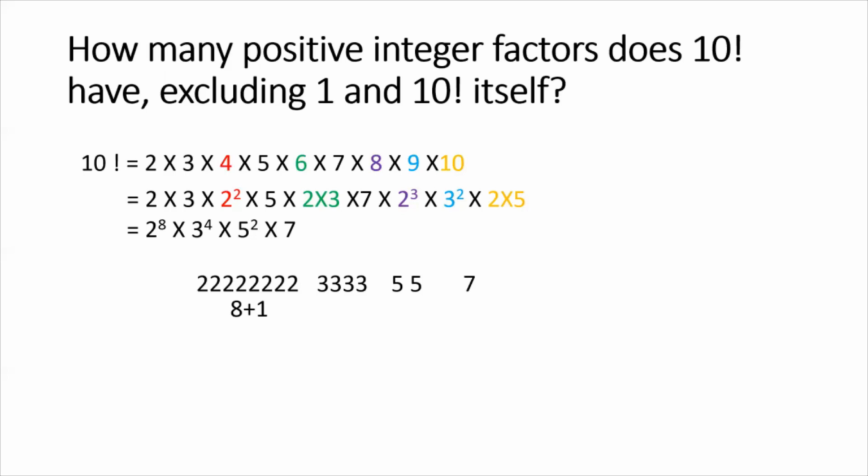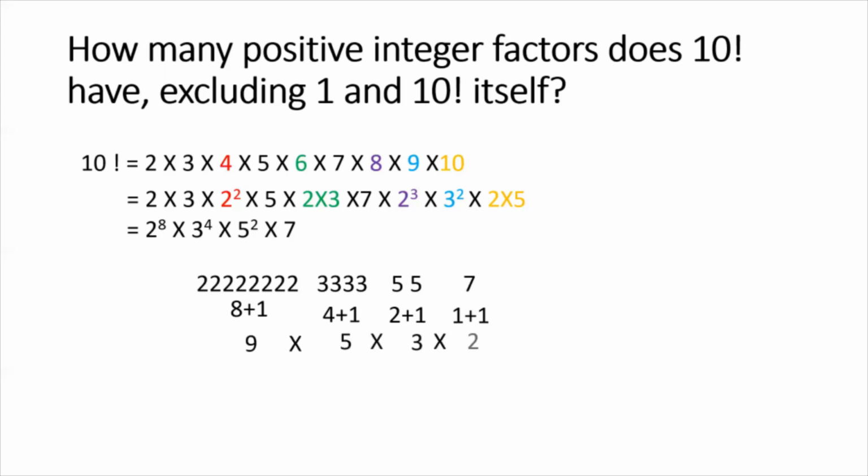And the same logic applies to each of the other categories as well. So for 3s, there are 4 3s, so that's 4 ways. Plus, we can always choose not to select any 3, so that's why you have the plus 1 there. 4 plus 1, 5. And similarly for the other 2 categories.